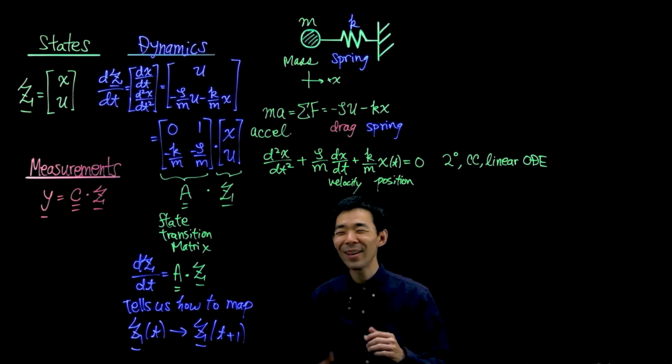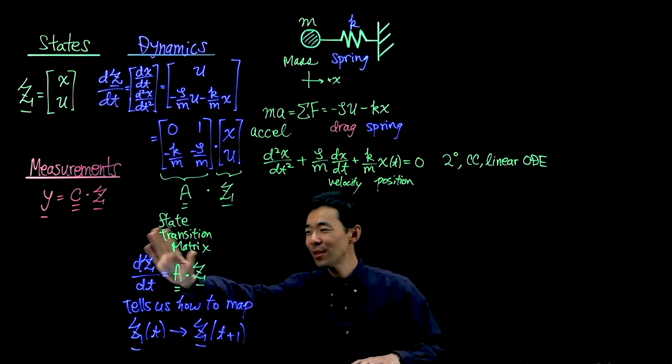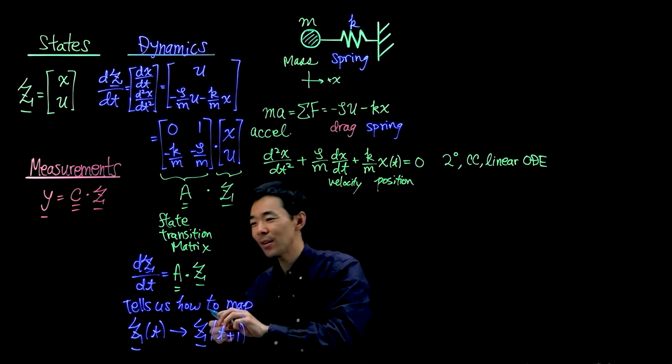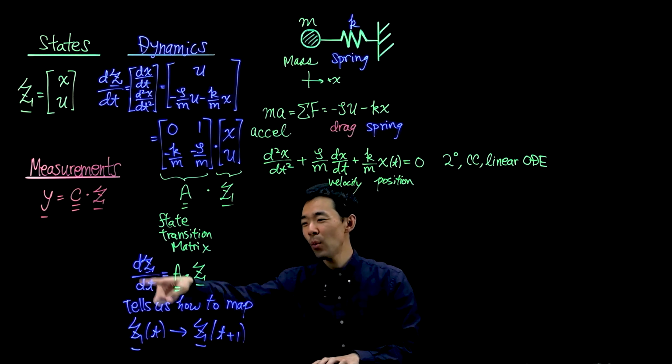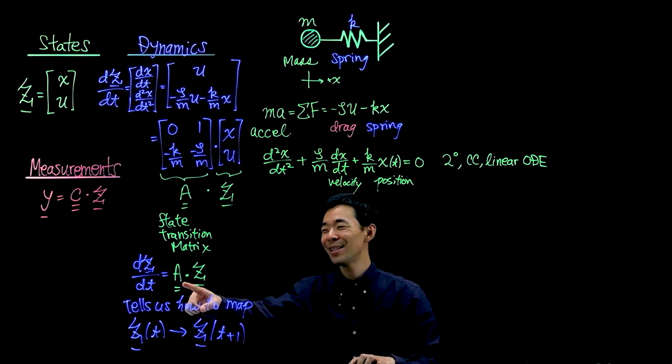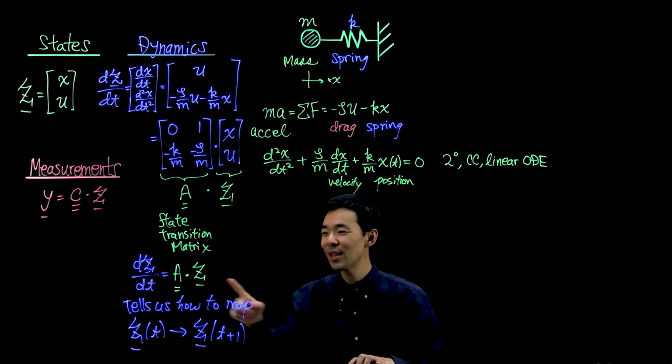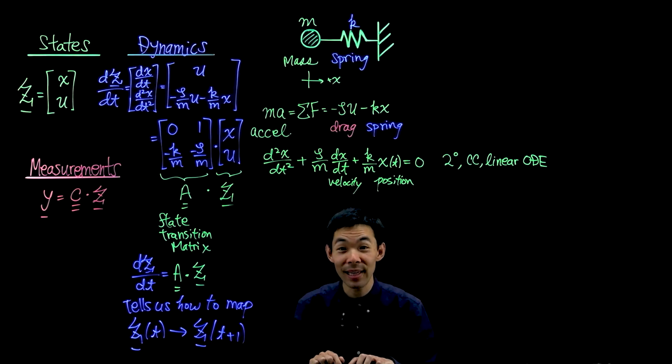So what we have is dynamics that look like the time derivative of your state vector z with respect to time equal to some matrix A, called the state transition matrix, times your states z.